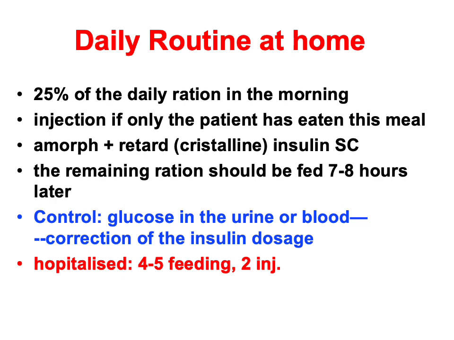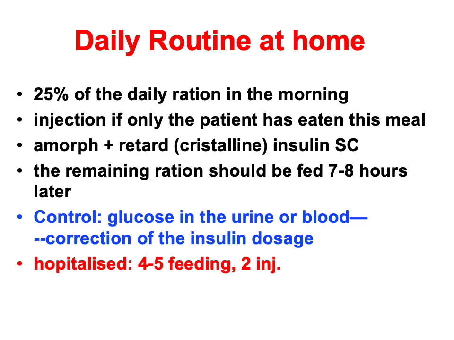The best is if you give a combination of amorph and retard or crystalline insulin at the same time, and the remaining ration should be fed 7-8 hours later, which can be organized, for example, when you return home from your work.